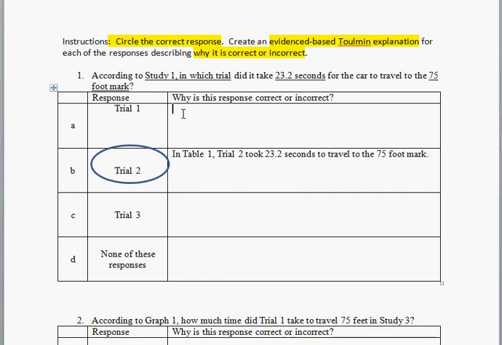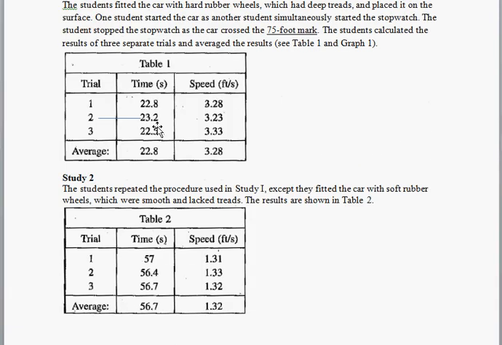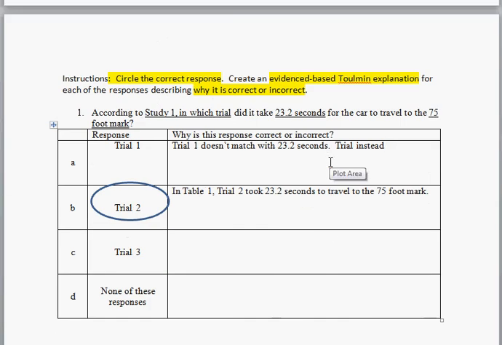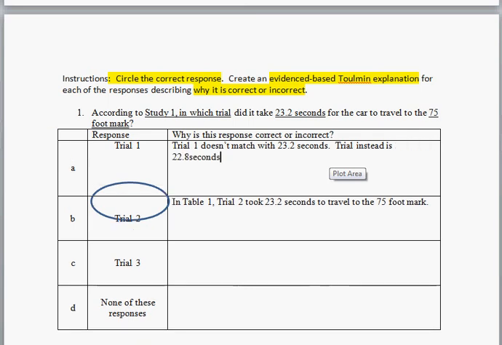Well, trial 1 doesn't match with 23.2 seconds, right? Remember we were drawing the lines? It didn't match up with that. Trial 1 instead is 22.8 seconds, right? 22.8 seconds. All right, so there we go.